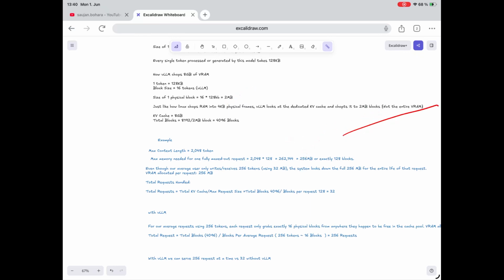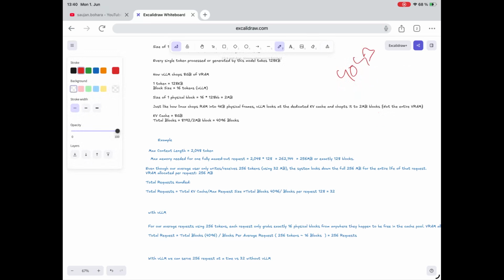Again, it's not the entire VRAM, it's just the KV cache part of the VRAM. Because remember, if you have 40 GB, then you're given maybe 26 gigs for your model, and 2 gigs for your extra overhead.